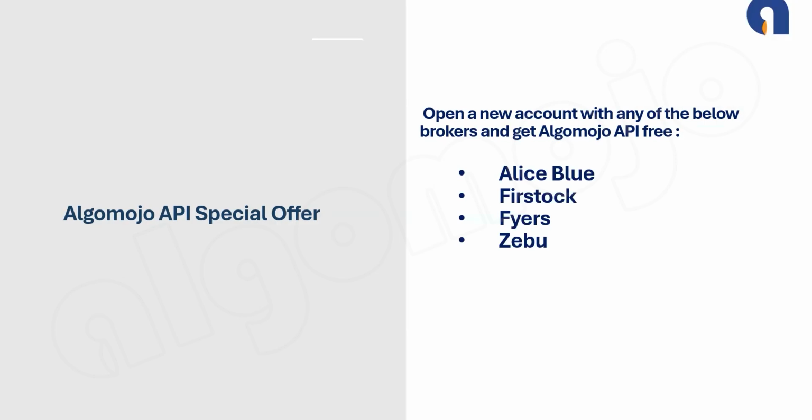So that's an arrangement that we have done with some of the brokers to offer our APIs free of cost. We used to have a similar arrangement with almost all the other brokers. However, due to recent regulatory changes, most brokers have withdrawn that facility. So we are not in a position to offer it free of cost to all the brokers, except for these five of them.